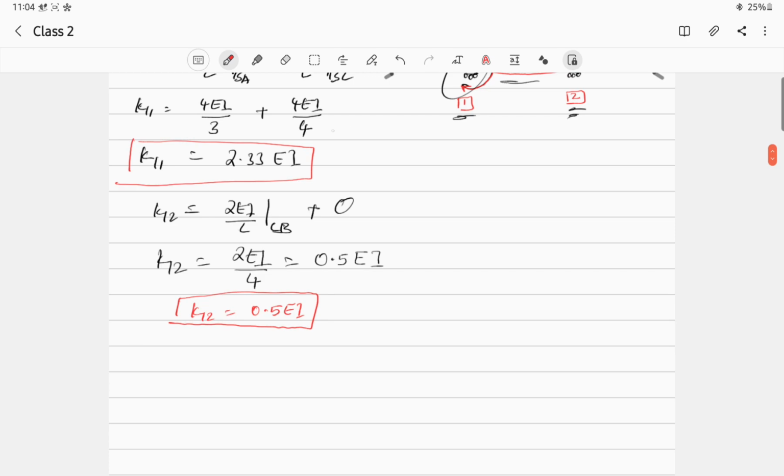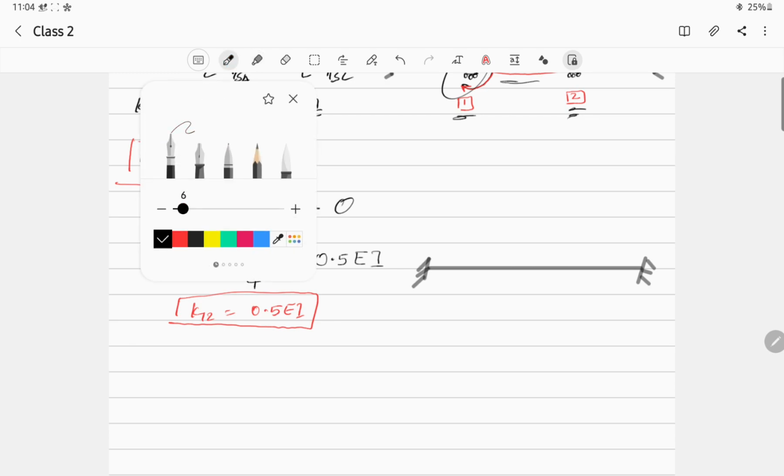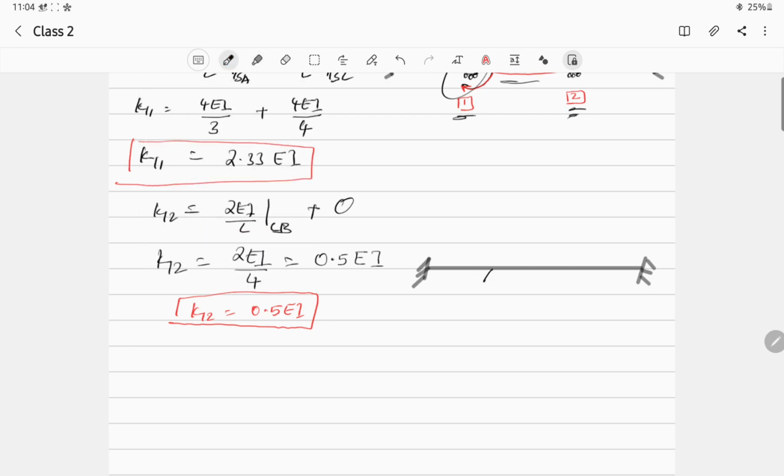Now in the next figure, we will try to rotate the other part of the beam. I'll draw the beam once again. This is our beam, and here we have a roller support, here also we have a roller support. Initially this is node 1 and this is node 2.